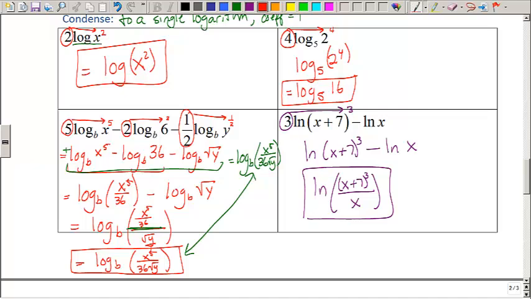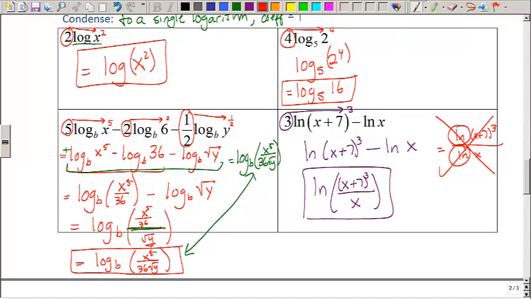Please note that there's a common student mistake where when they look at a quotient rule, they'll say ln of this argument minus the ln of the other argument. And what they'll do is, oh, I know that's a divide, and they'll take ln of x plus 7 cubed over ln x. This is not correct. The reason it's not correct is because they put an ln in the numerator and an ln in the denominator. All they've done is change the subtract sign into a division sign.